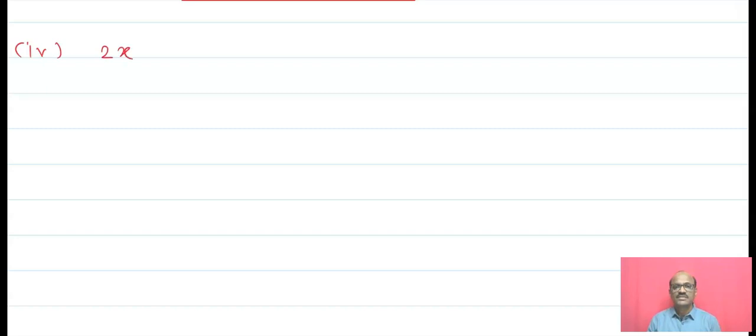2x plus i cube into y in bracket 2 plus i, equals x into i raised to 7 plus 10 i raised to 16.